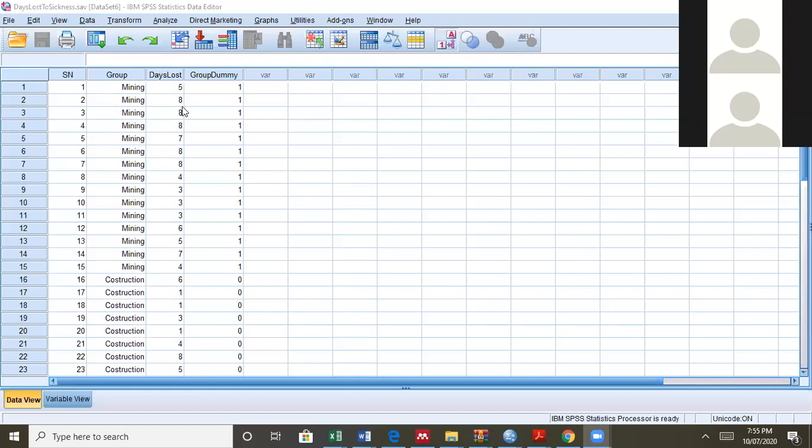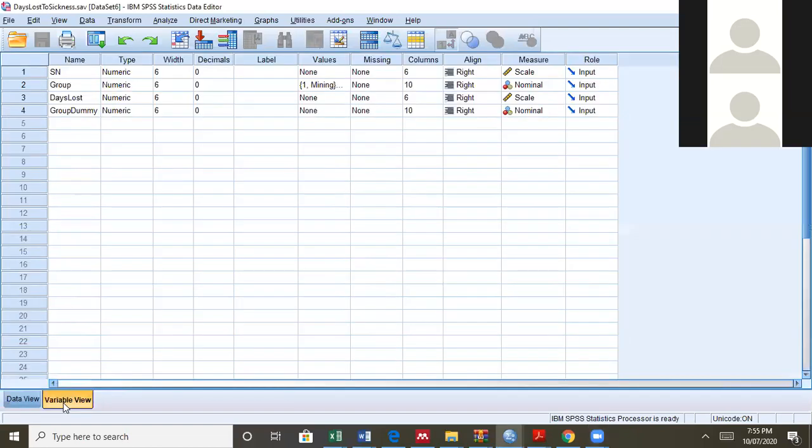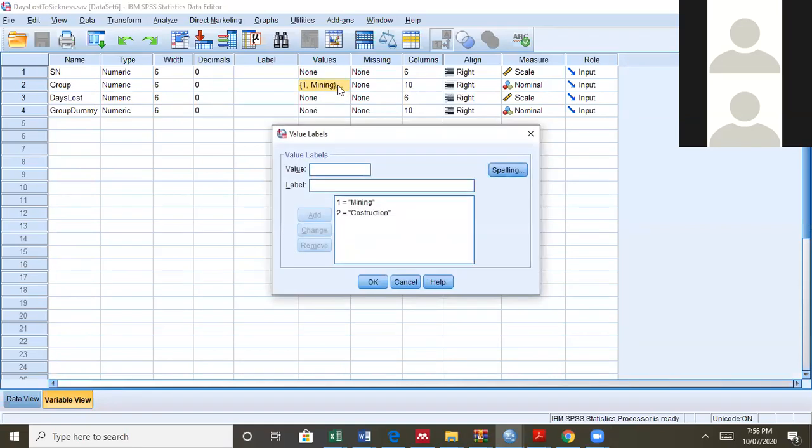Click on that variable view. Under value, click on that 3 dots.